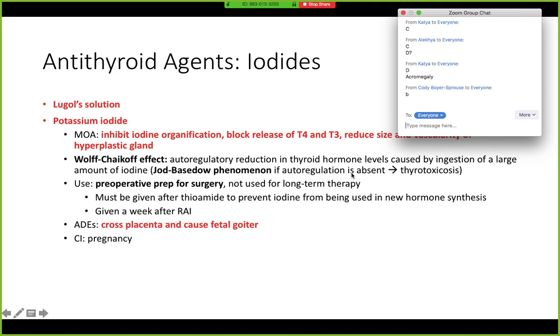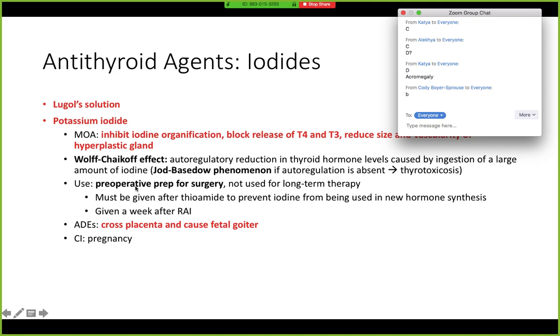This occurs if autoregulation is absent. So if you don't see a decrease in thyroid hormone levels in response to ingestion of a large amount of iodine, you're going to see thyrotoxicosis because you don't get this autoregulatory inhibition. So you see an increase in thyroid hormone synthesis, leading to thyrotoxicosis.